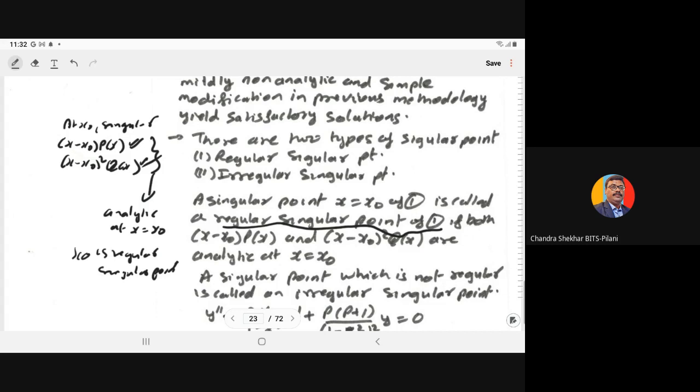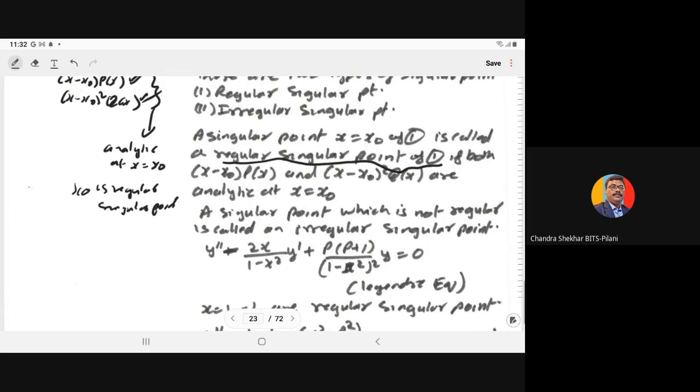For the ordinary point, you can determine the power series solution. For the regular singular point, you can determine the Frobenius series solution. And for the irregular singular point, you cannot determine these two solutions. You have to go with another approach. So that's why this section and the next section are dedicated to the regular singular point.